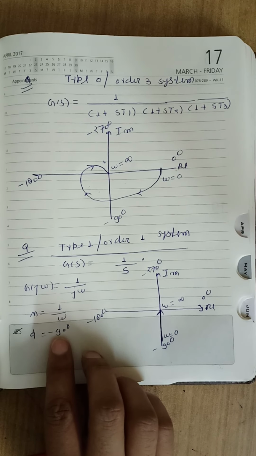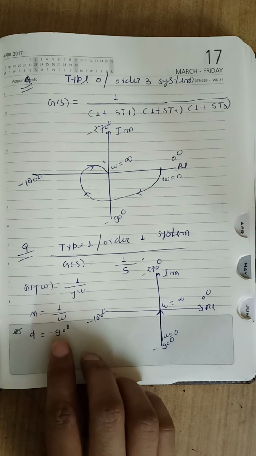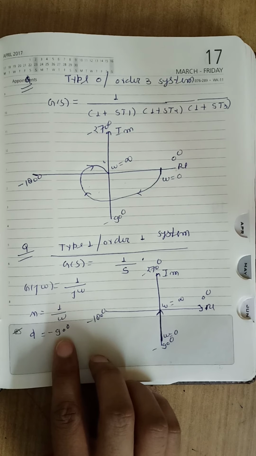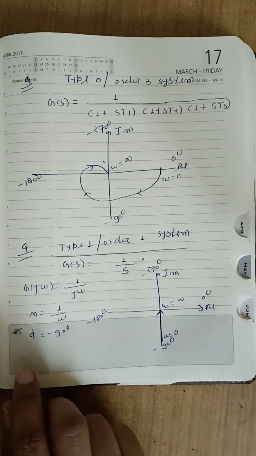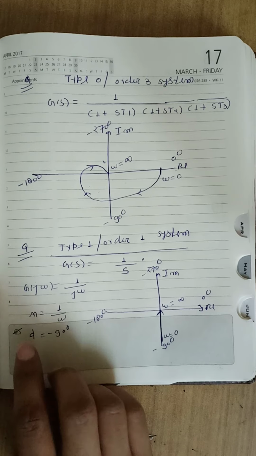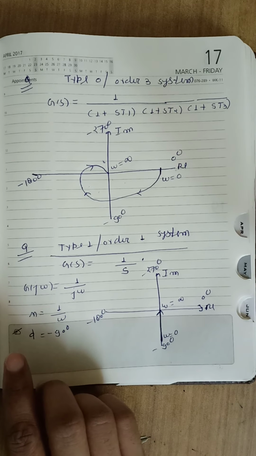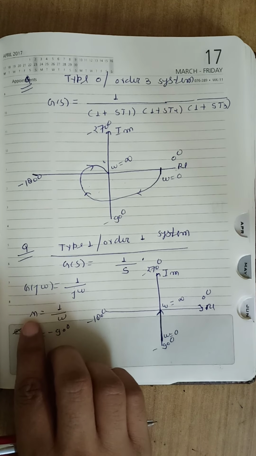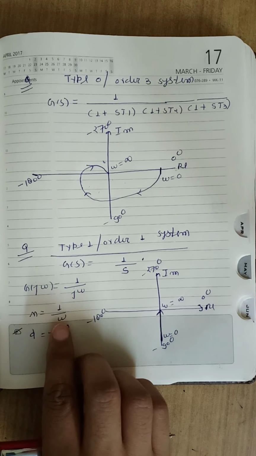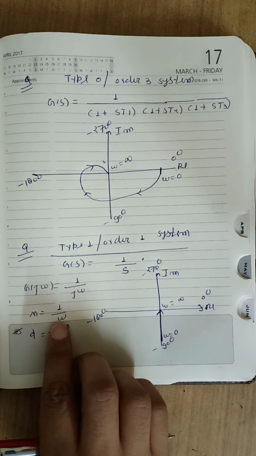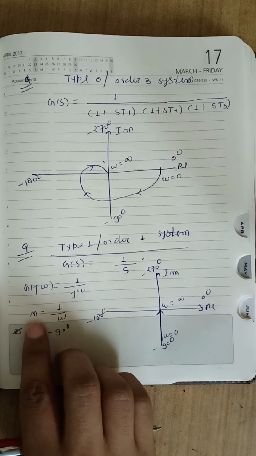For omega equal to infinity, we have phase of value minus 90 degree. And for omega equal to 0, M is infinity, and for omega equal to infinity, M is 0.